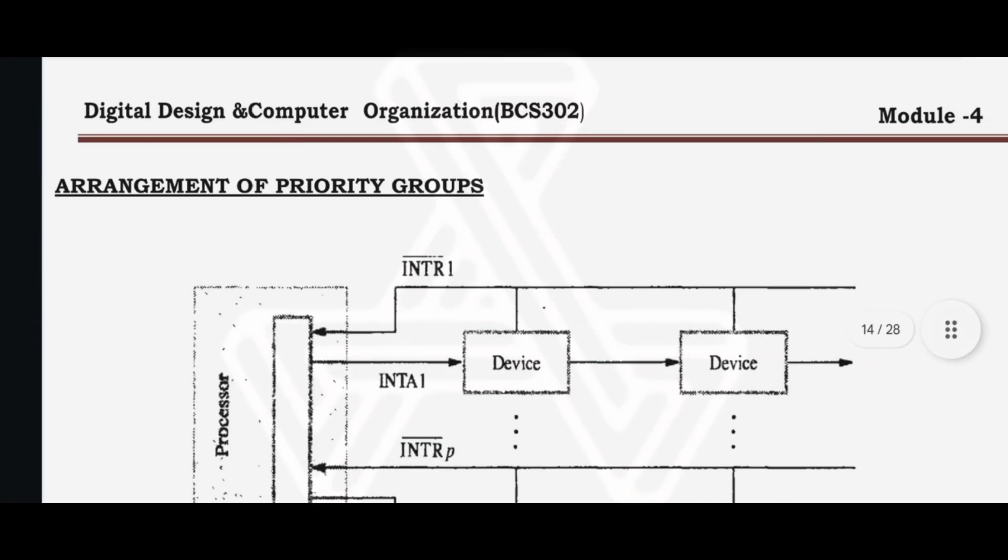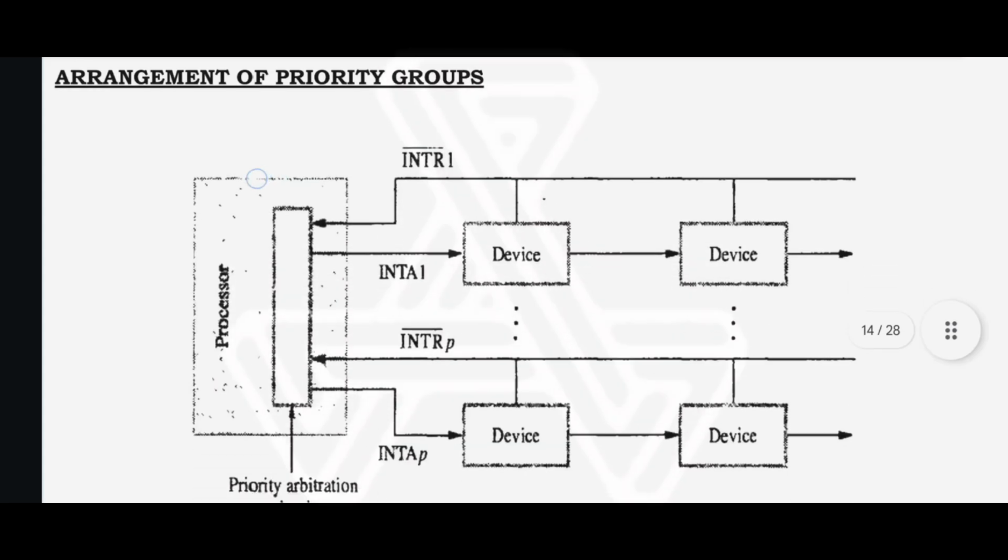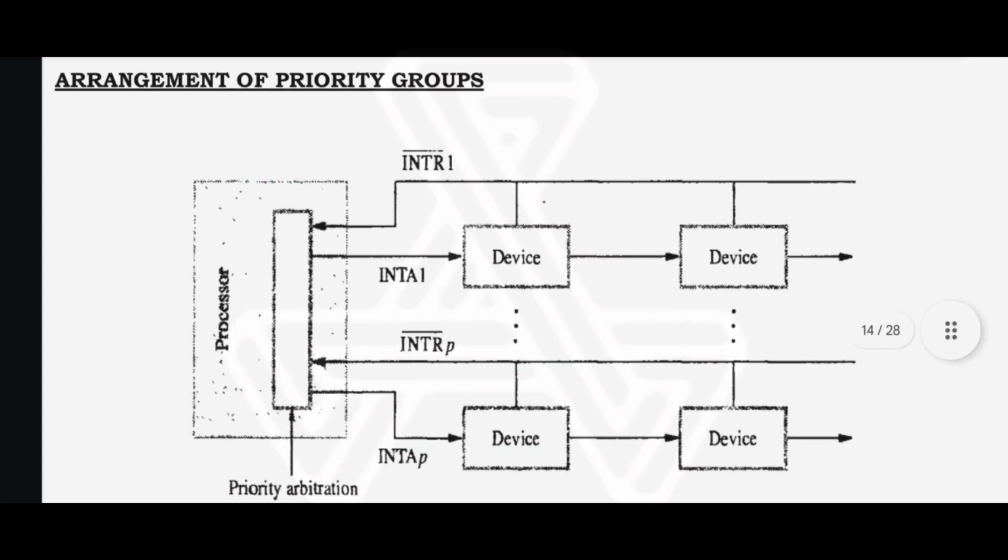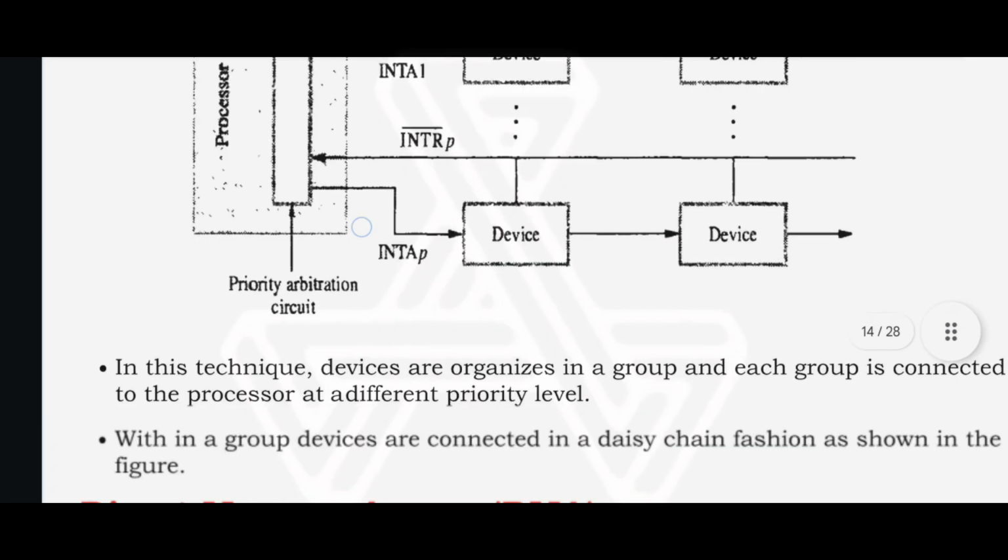Arrangement of priority groups. Processor priority arbitration: INTR1, INTRp, device, INTA1, INTAp, and the priority arbitration circuit.